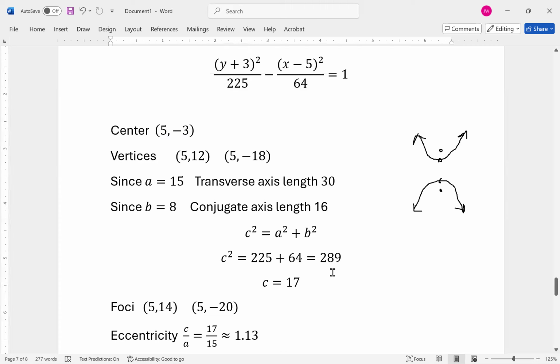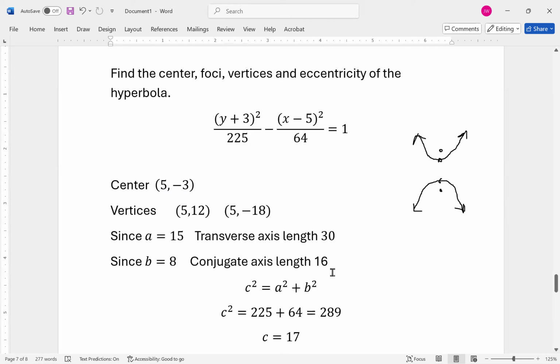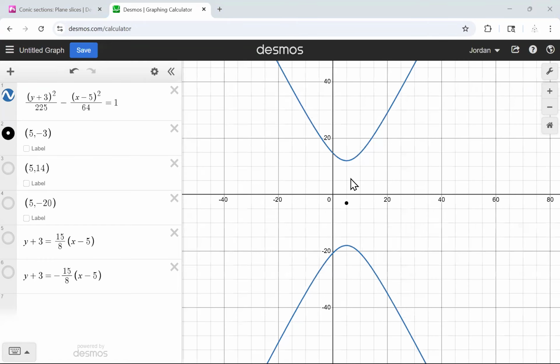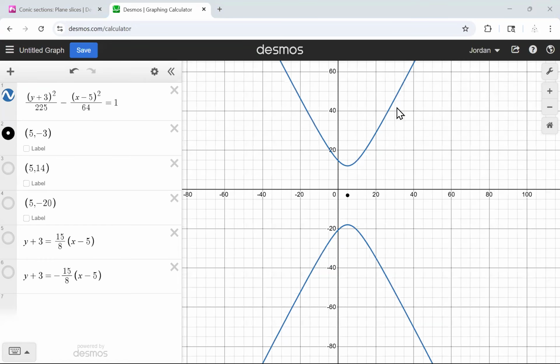Let's go ahead and draw this hyperbola just for the sake of being able to draw it and confirm that we get what we get. All right, so I've graphed the hyperbola, obviously in Desmos. You could do this on your calculator as well if you'd like. But we see we have two sides pointing up and down.